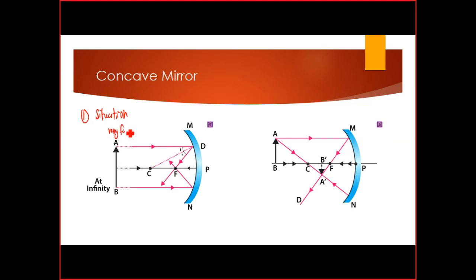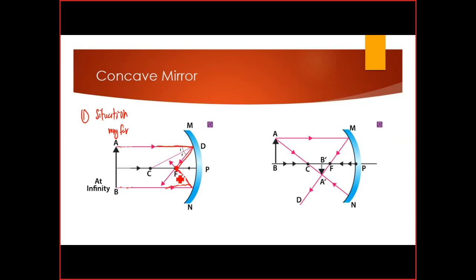As this object is very far, the light rays are going to pass through such that they are parallel. Once these light rays hit our concave mirror, they will converge to F, this point F that we talked about just now.